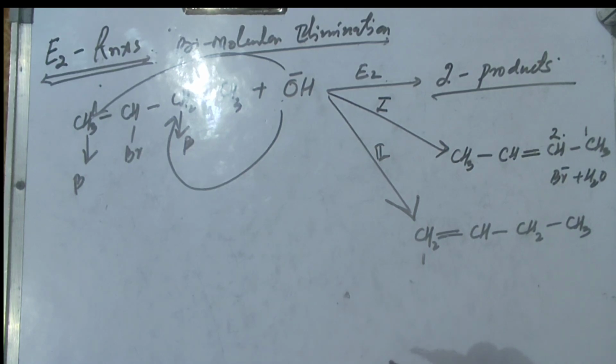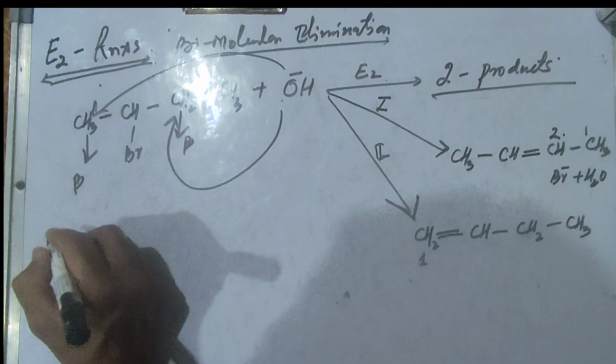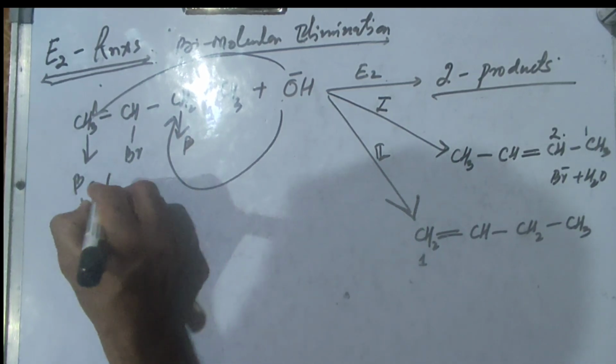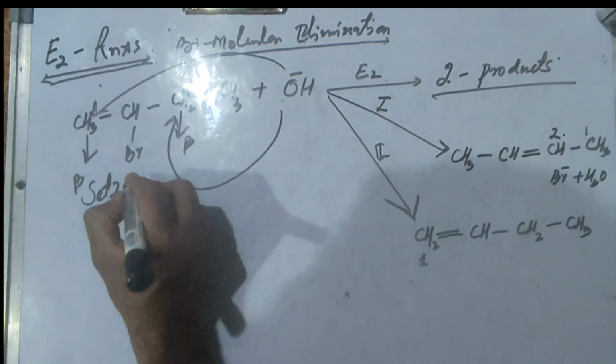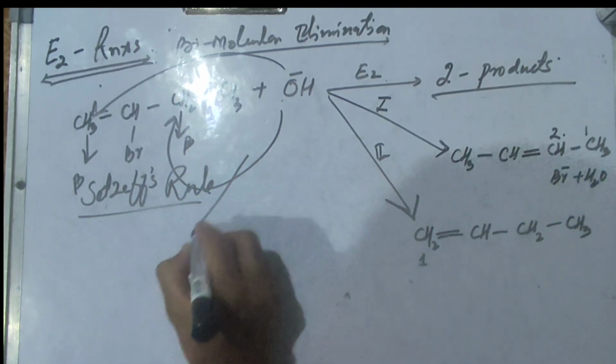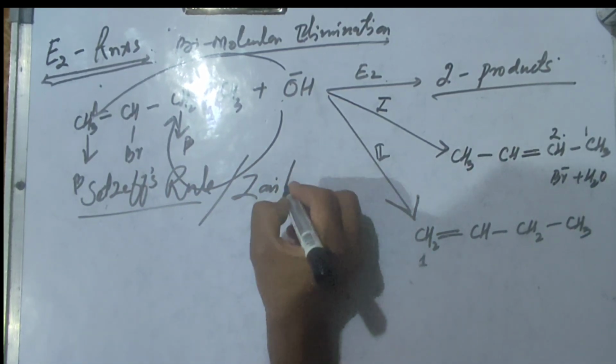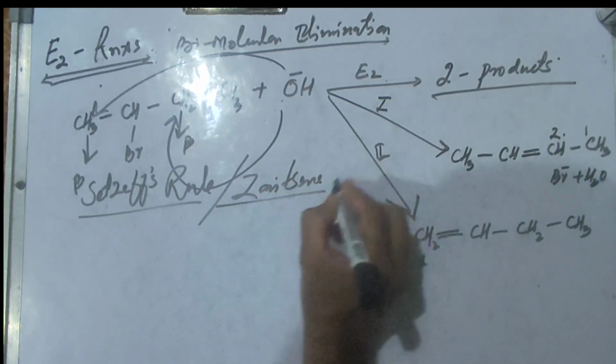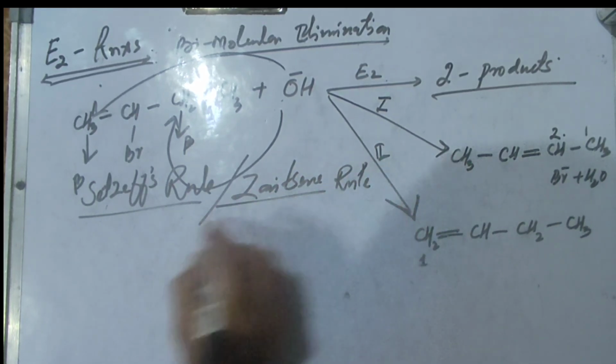Now the question is, which one is the product? The product formed is usually governed or determined by a rule known as Saytzeff's rule, or Zaitsev's rule.